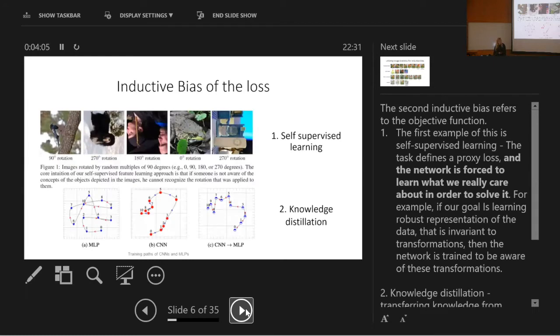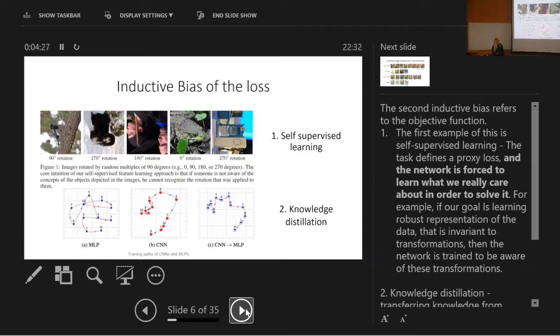The second inductive bias refers to the training objective. For this, I will give two examples. The first example is self-supervised learning, that we will discuss later in our work. In self-supervised learning, the task defines a proxy loss, and the network is forced to learn what we really care about.